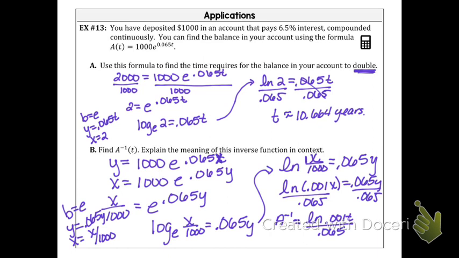Because before we were finding the balance, when we switched the x and y, now we're finding the time. So the inverse is the time when the balance in the account is known.